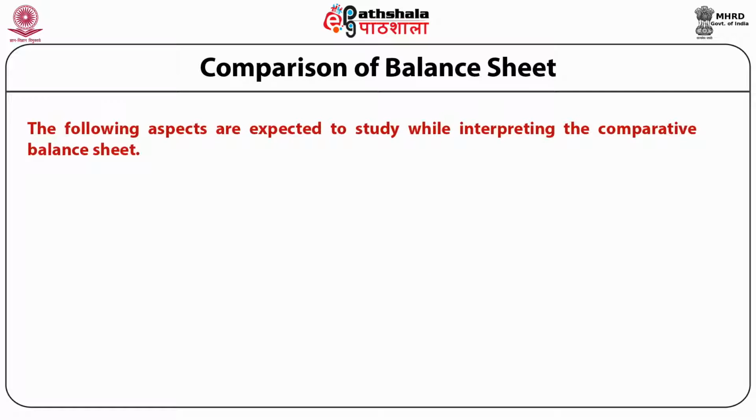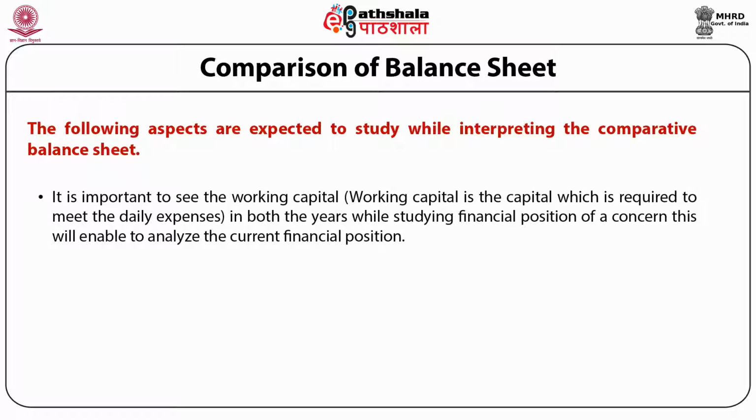The following aspects are expected to be studied while interpreting the comparative balance sheet. First, a student should see the working capital. Working capital is the capital which is required to meet the daily expenses, in both the years, while studying the financial position of a concern.